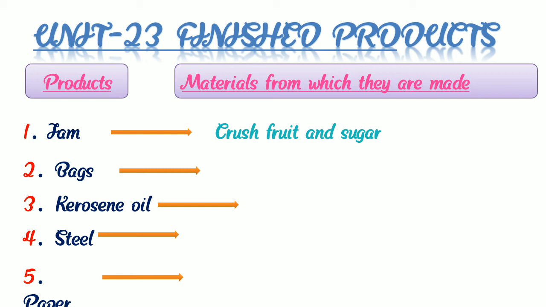Children, you are all right with me. Okay, now number 2, bags. Which materials are used to make bags? It's leather, cloth, paper and jute. So these materials are used to make bags.